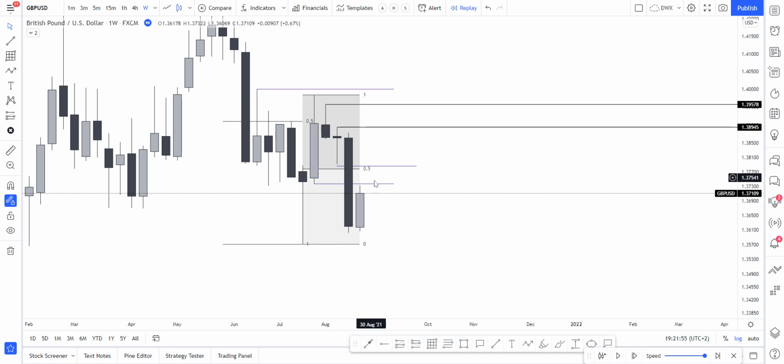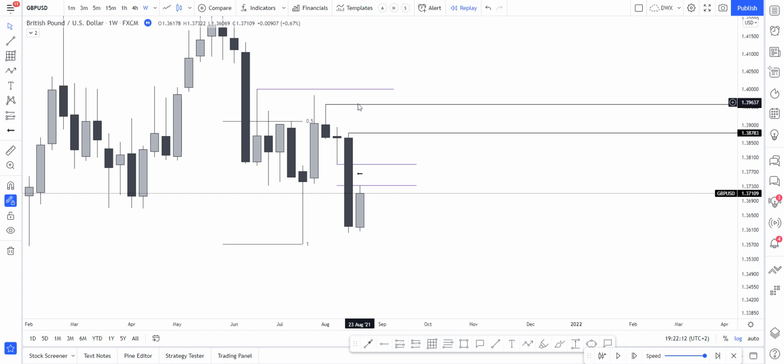So we trade from discount to premium. Now we can anticipate that we have some imbalance. You can see in this leg down. Let's just take this away, it's not going to confuse us. Now we have imbalance. We have this high. And that's basically all we need right now.